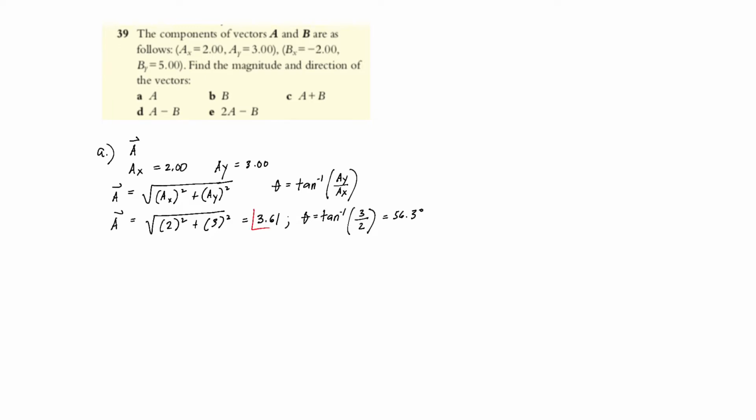And so what's now our answer? The final answer is that the vector a is 3.61 units at 56.3 degrees.